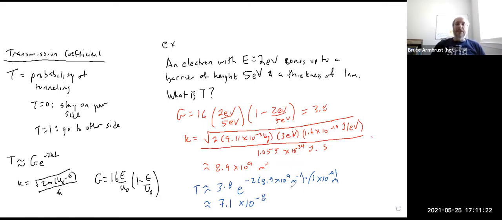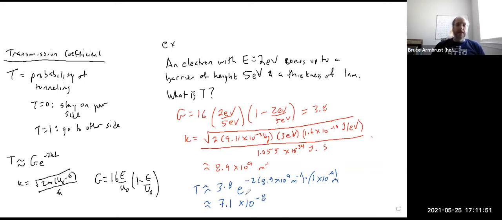All right, so that's your probability that this electron is going to make it through this 1 nanometer barrier, when the barrier has a potential energy of 2.5 times the energy of the electron. So this is not likely, but it's not 0.